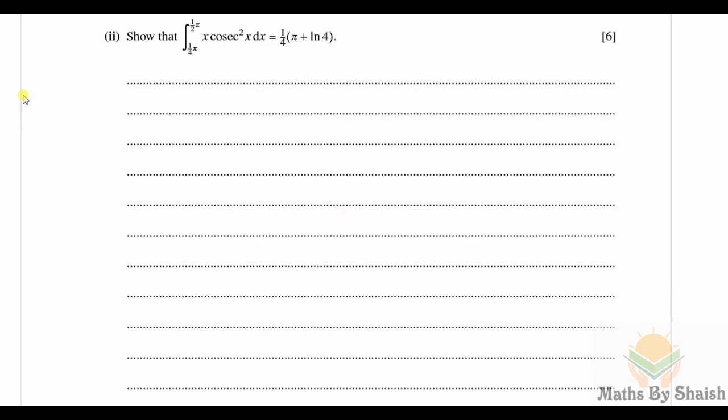Here's the second part. Show that integration from pi by 4 to pi by 2 of x cosec square x dx is 1/4 of pi plus ln 4. So from the first part we have seen that if y is equal to cot x, then its differentiation, that is dy over dx, is minus cosec square x.